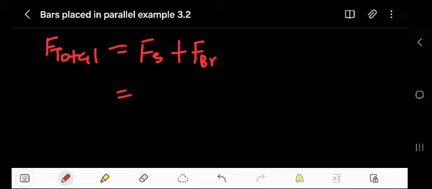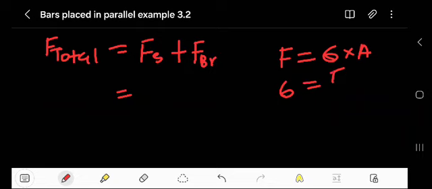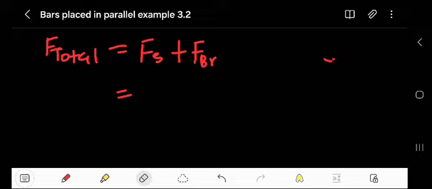So we know that the force, we are not given, but we know that the force is equal to stress multiplied by area. From this formula, stress is force over area, then if you make area the subject, you'll have that. But we'll be specific. We'll substitute that, but now we are specific.